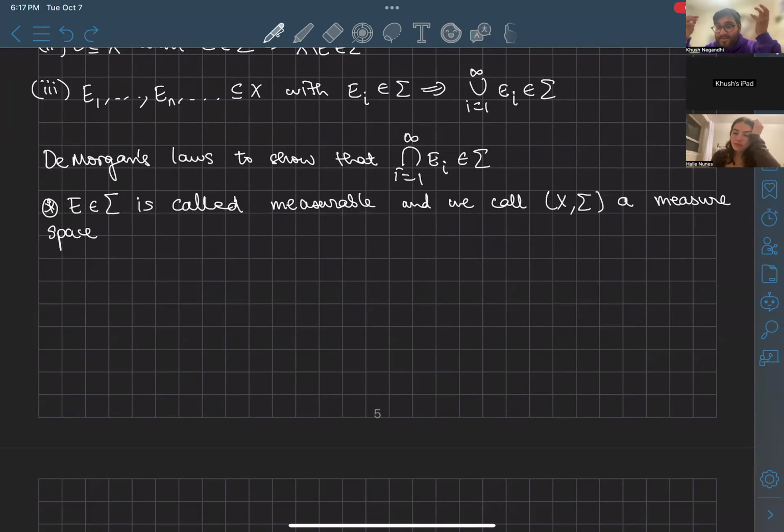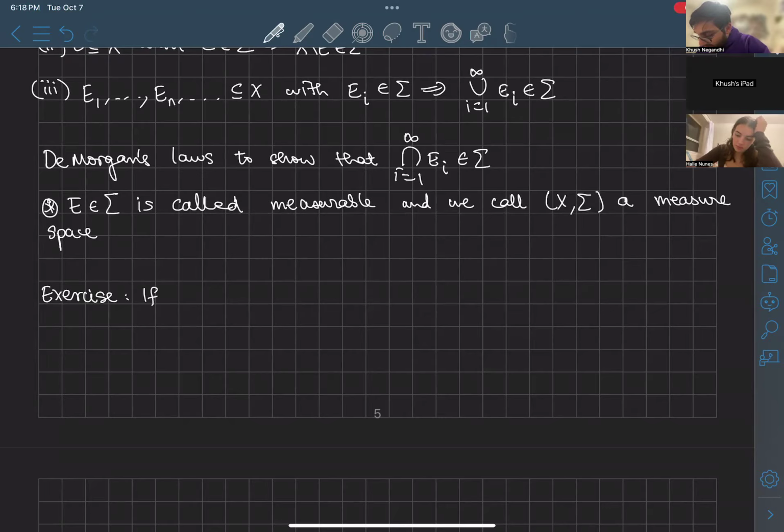We can do the same thing with sigma algebras. We can take any collection of subsets and say, okay, we want these to be measurable. What is the smallest sigma algebra that contains these things? Okay. So I'll leave this as an exercise. It actually follows extremely quickly.